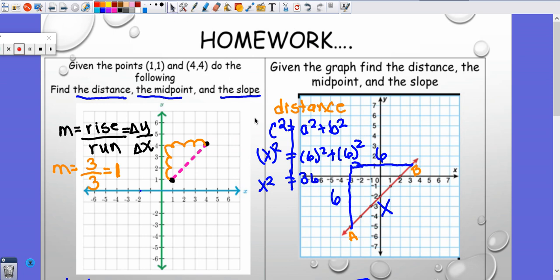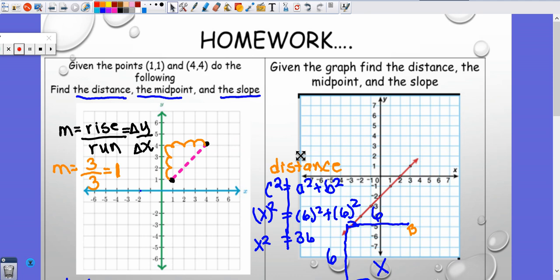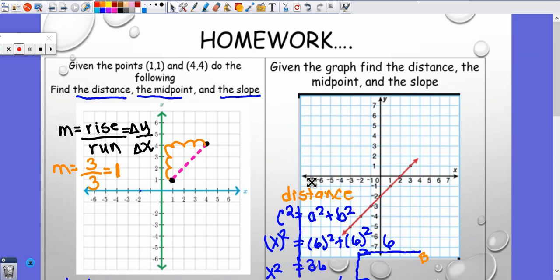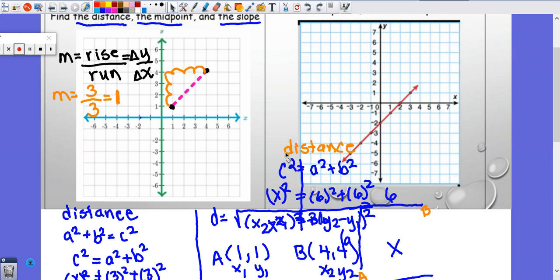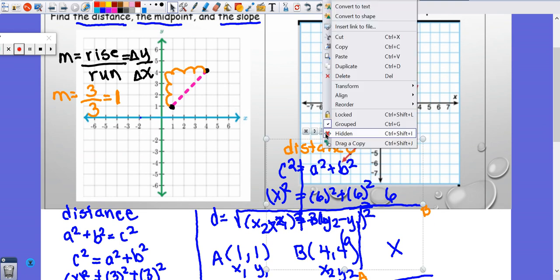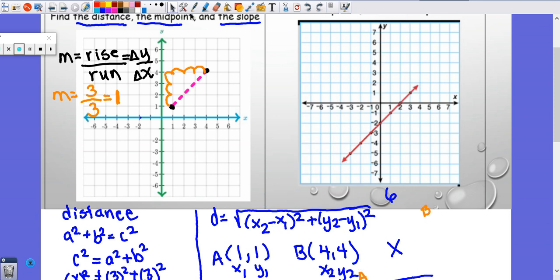Let me go ahead and move this. Give me a second, guys. I'm not going to leave this right here. Let me move it down. Oh, hold on. Let me cut it.